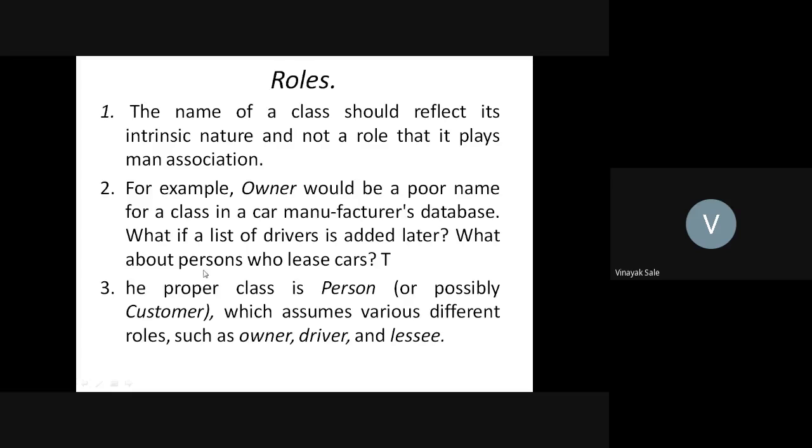What about the persons who lease the cars? These are different. So owner will be a poor name in the case of car. The proper class is person, probably the customer, which assumes various roles such as owner, driver, or lessee.